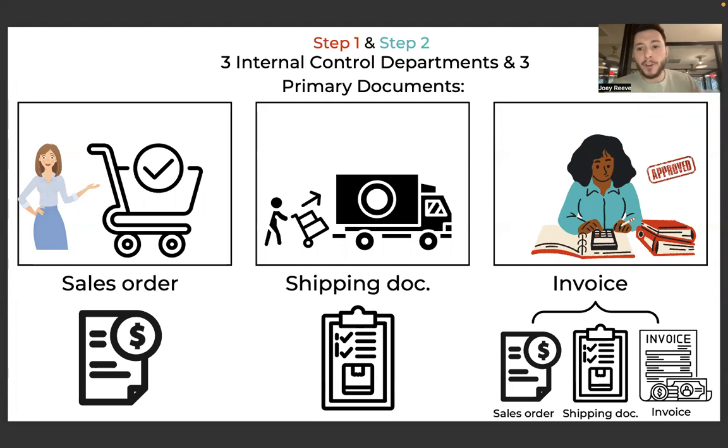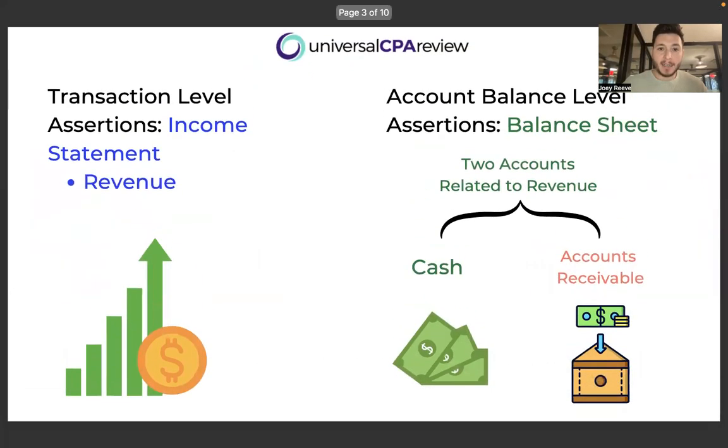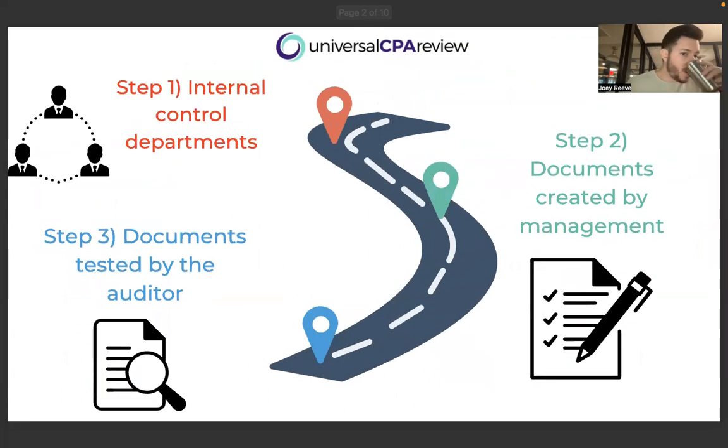But for revenue cycle purposes, go ahead and ignore that for now, because the voucher package has to do with purchases and expenditures. Same process: these three documents are compared, and ultimately they're sent out. So now we have attacked steps 1 and 2.